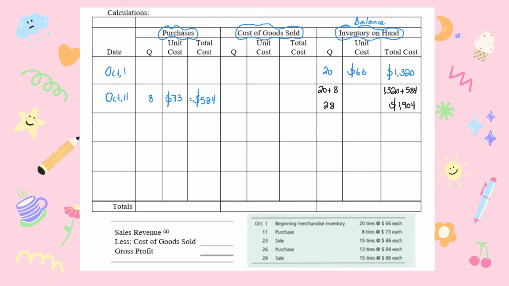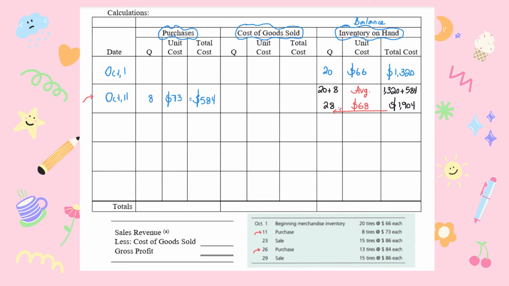Now, to find the average cost, I'm gonna divide total cost by number of units. So 1,904 divided by 28, it's gonna be 68. Okay. So we need to do this step after each purchase, on 11th and on 26th.